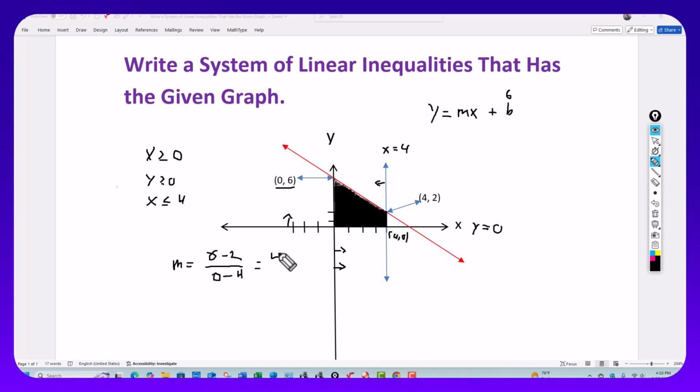So this would be 6 over negative 4... correction: the speaker computes the slope as negative 1. So the red line has equation y equal to minus 1 is the slope, so I just put a minus x here, plus b, the y-intercept, and that's given by 6.